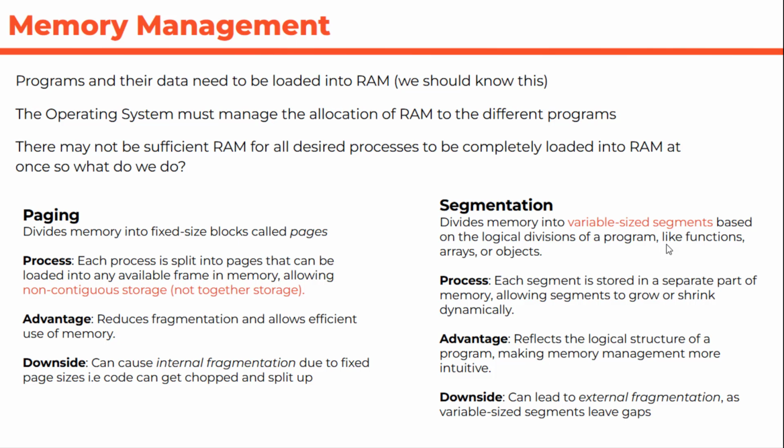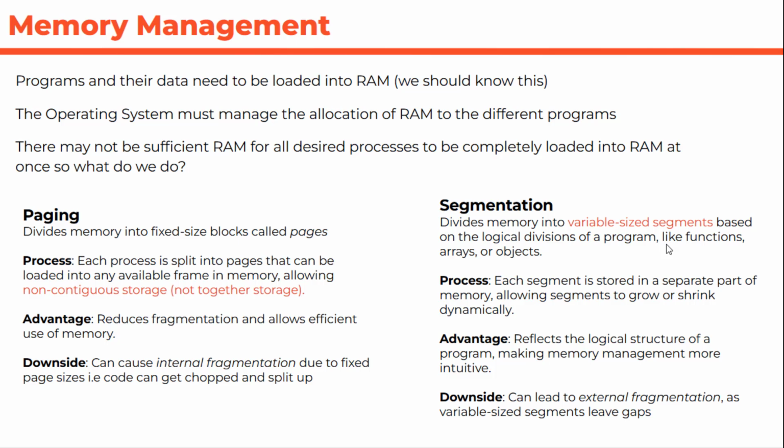The other method is usually the one we try and go for. This is segmentation. It divides memory into variable size segments based on logical division. So in your exam, when you're talking about paging and segmentation and comparing them, paging is fixed size blocks, segmentation is logical divisions. Those logical divisions can keep functions, arrays and objects together, and each segment is stored in a separate part of memory, which allows segments to grow or shrink dynamically where needed.